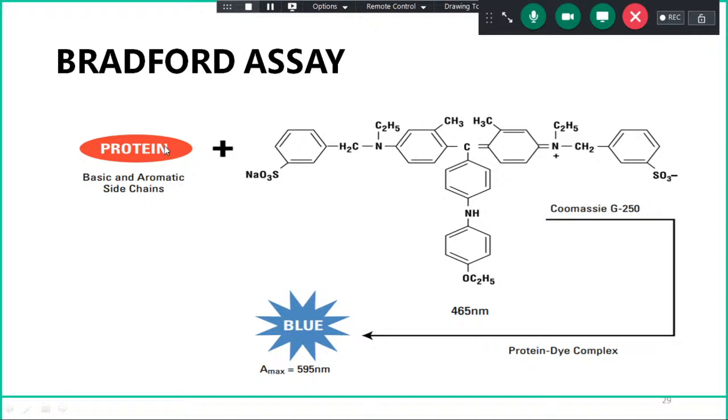So when the protein comes together, initially this red form of dye, or unstable form of dye, donates an electron and changes the native structure of the protein.